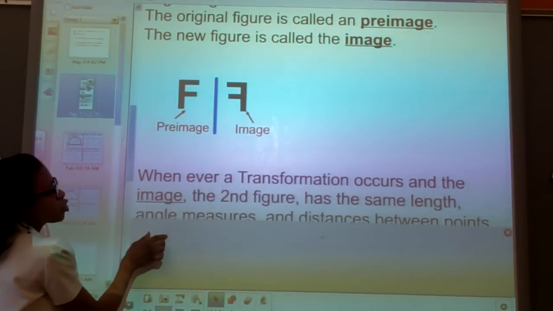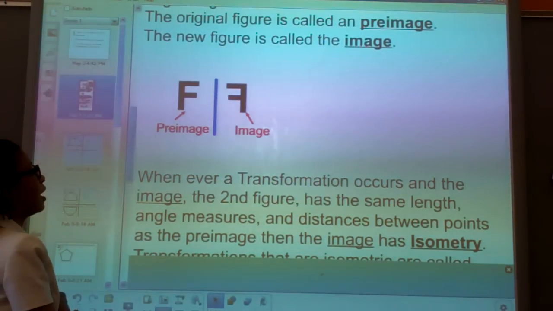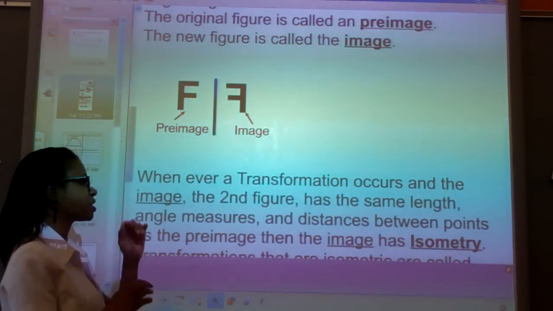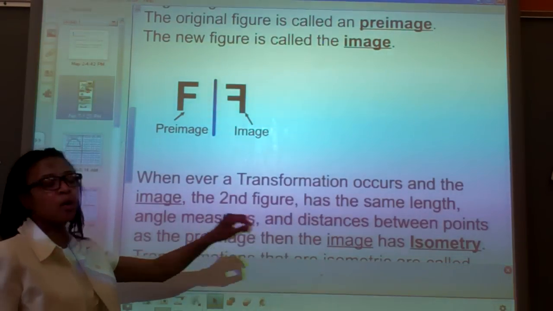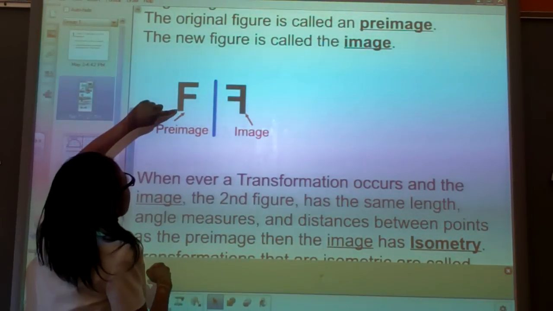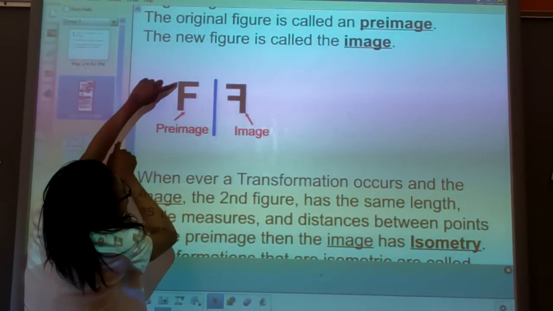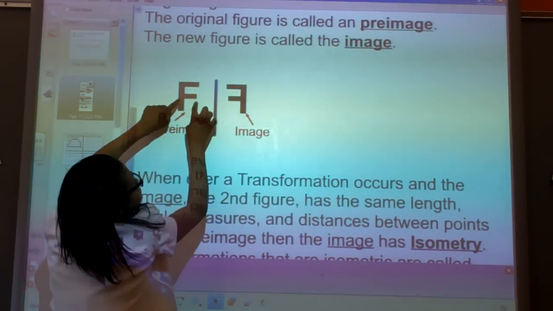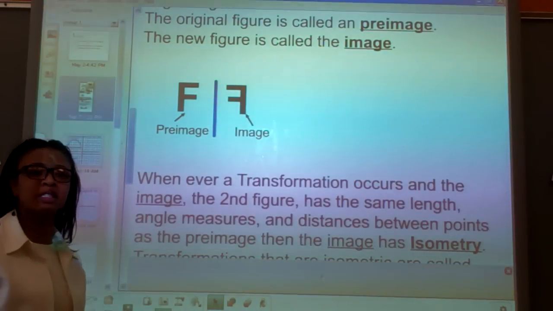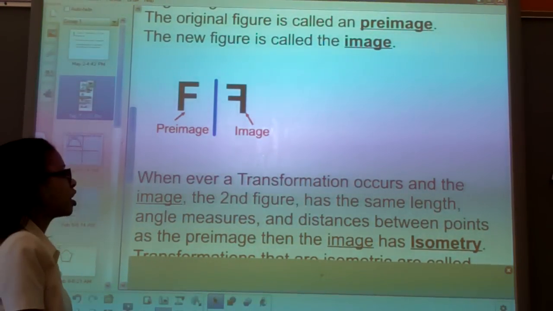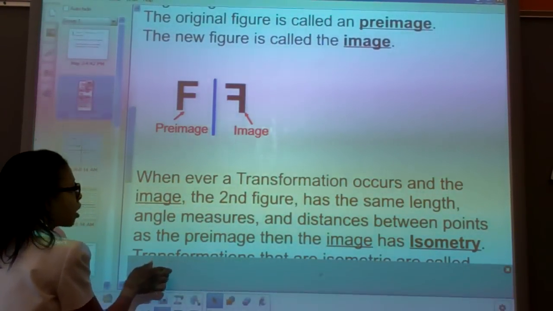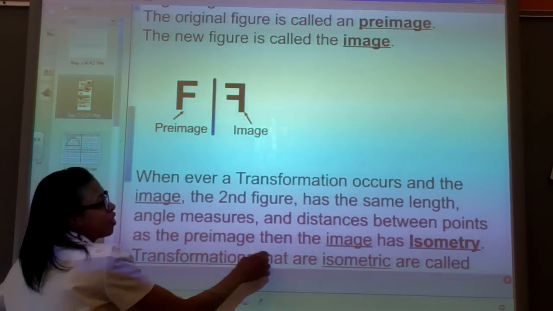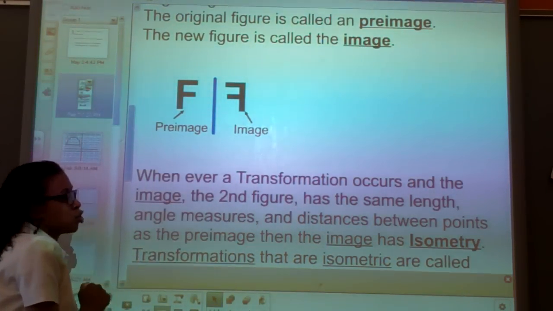Okay? Whenever a transformation occurs, and the image and the second figure have exactly the same length, height, depth, the angles are the same, and the distances from here to there are exactly the same, if everything is the same other than the direction that it's facing, we're going to say that the pre-image and the image have isometry.